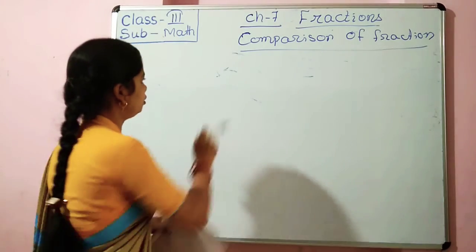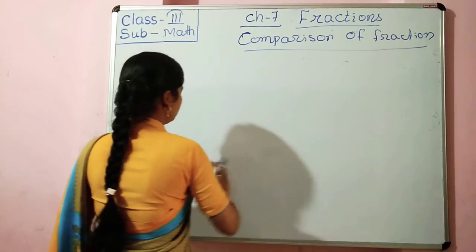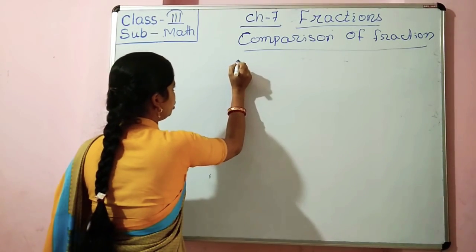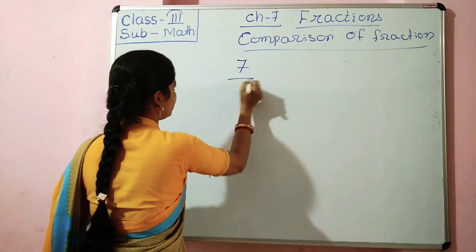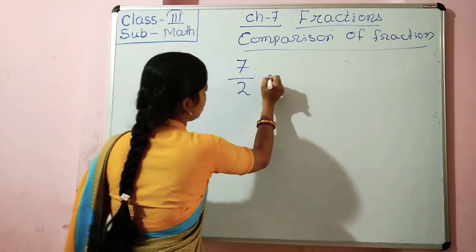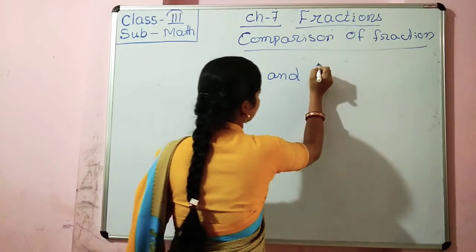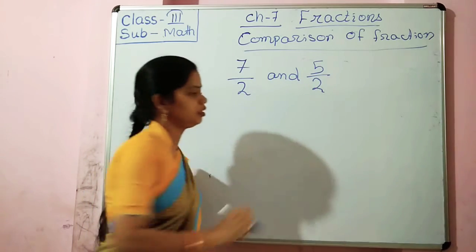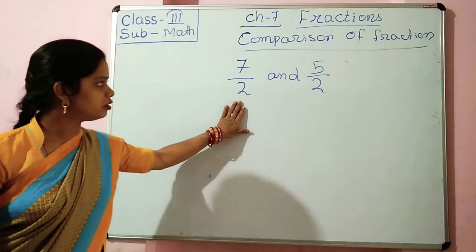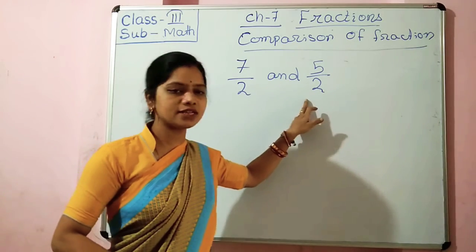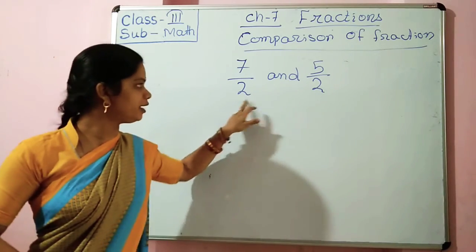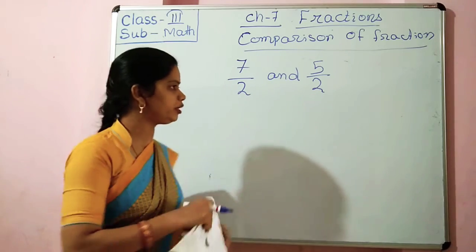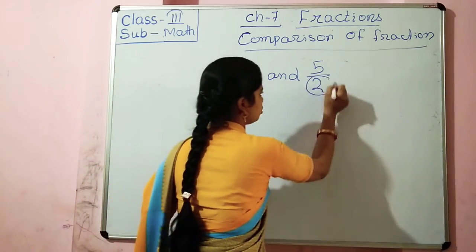देखो, next, suppose the numerator is different. Suppose 7 by 2 and 5 by 2. In this fraction the denominator is 2 and in this fraction the denominator is 2.